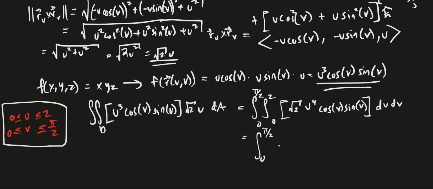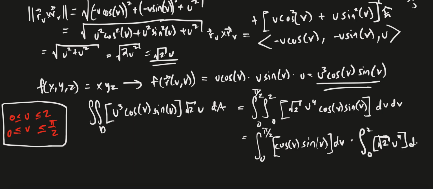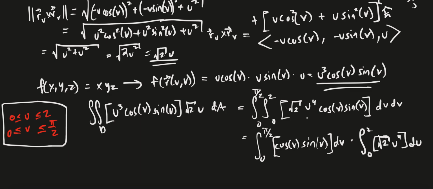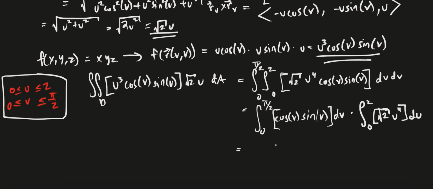That's cosine v sine v dv, and then multiply that with the integral from 0 to 2 of root 2 u to the fourth du. That's completely equal to this thing over here. So let's compute that.